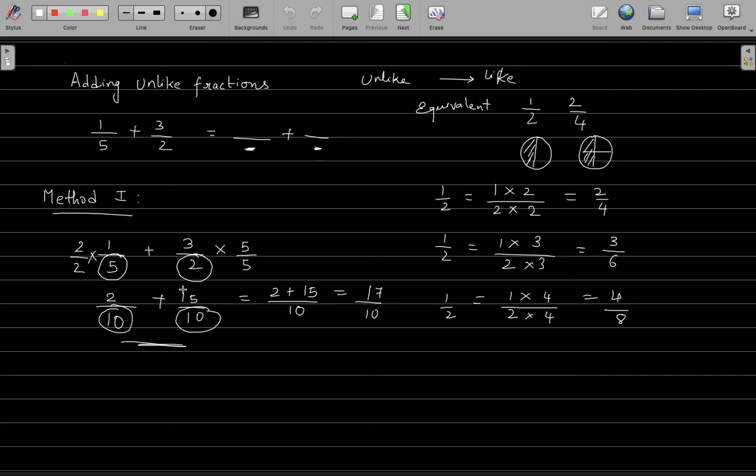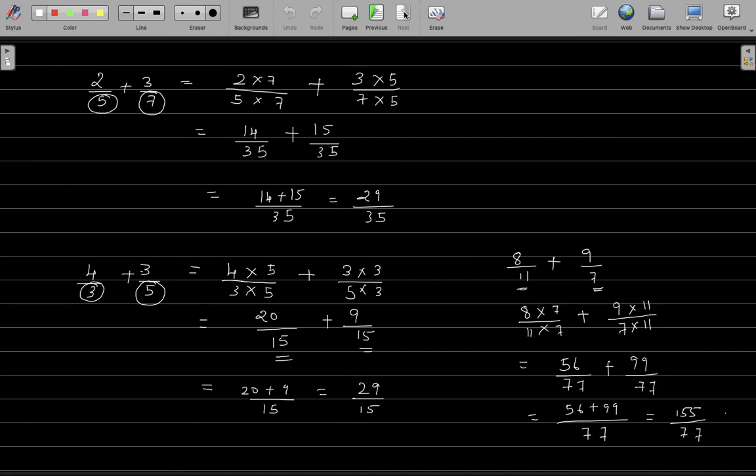We are multiplying both numerator and denominator of the second fraction with the denominator of the first fraction, and that's how you get two equivalent fractions with the same denominators. Now they have become like fractions, and because they're like fractions, you just keep the denominator as it is and add the two numerators, which will give you your answer, right?